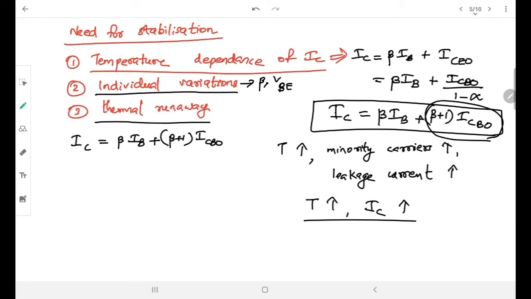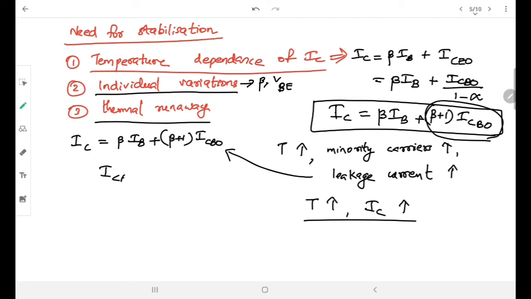So the collector leakage current ICBO is strongly dependent on temperature, that we will see from here. When temperature changes, ICBO will change. When temperature is increasing, the leakage current will increase. So ICBO is increasing. So when the leakage current increases, what will happen? It produces heat within the transistor.